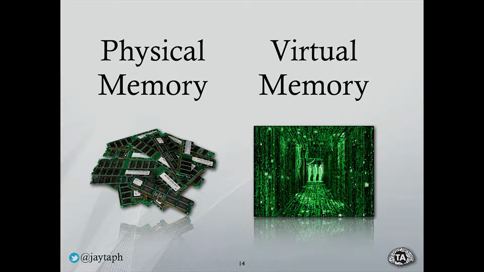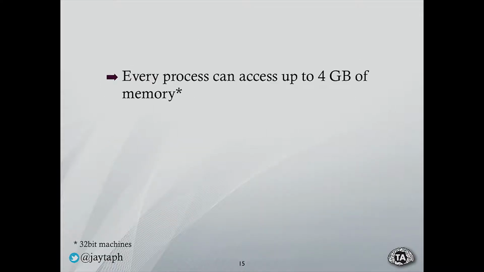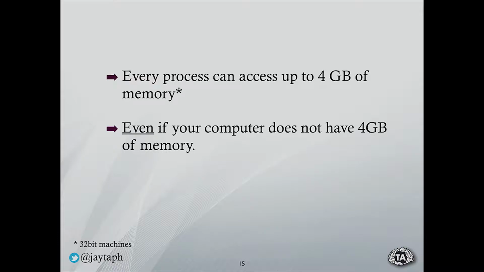So what's virtual memory? Pretty much every process can access up to 4 gigabytes of memory. We're talking about 32-bit machines. If you have 64-bit machines, it's a bit different, but to simplify things, I'm using 32-bit machines. What a process can do is say, okay, I want 4 gigabytes of memory, and the operating system can give you 4 gigabytes of memory, even if your computer does not have 4 gigabytes of memory.